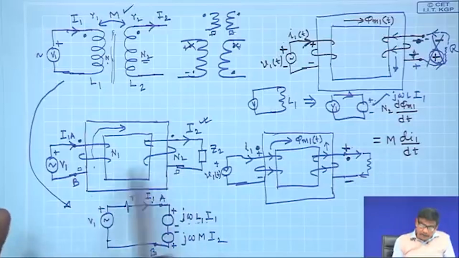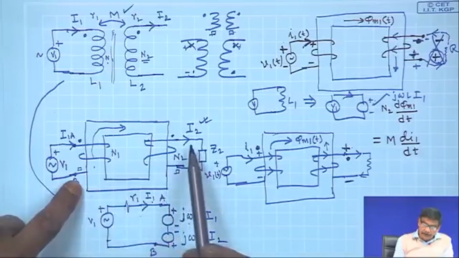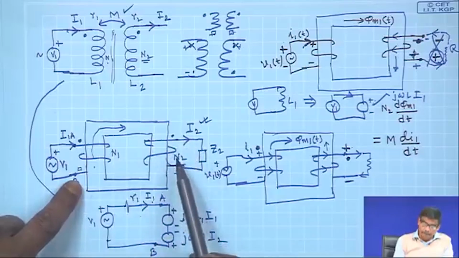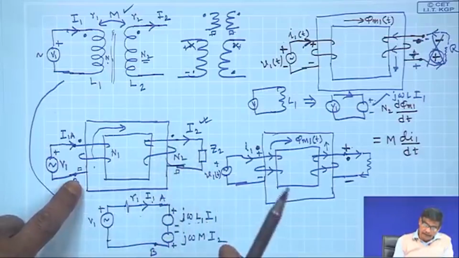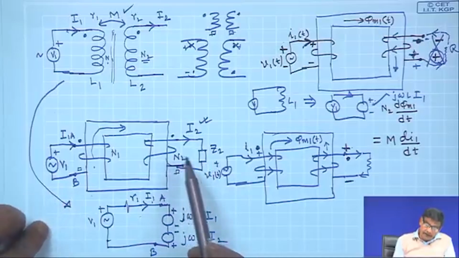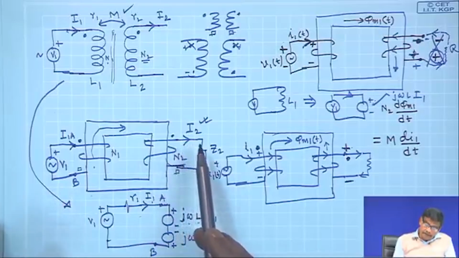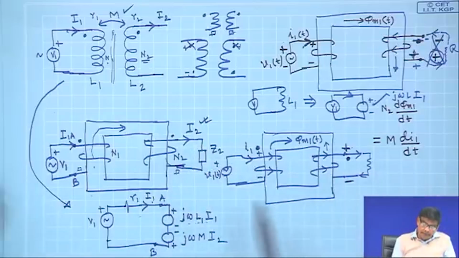but I know this coil has a mutual coupling with the second coil. So, the second coil is carrying current.